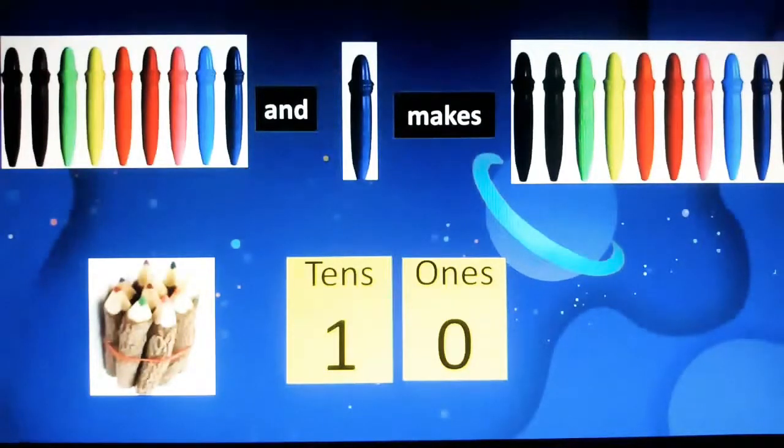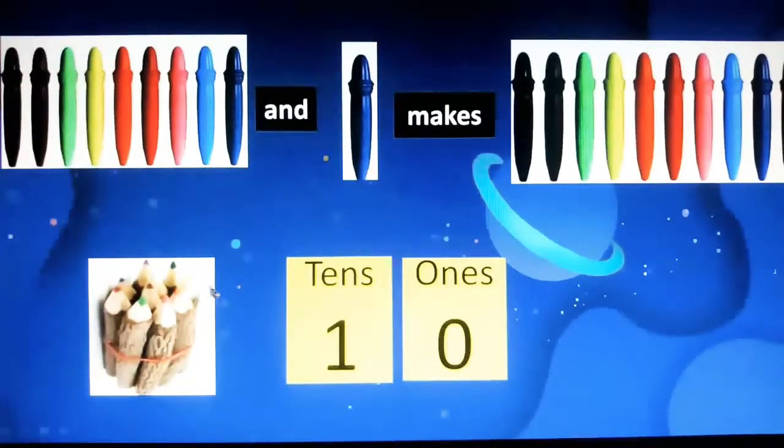Yes, you are so intelligent. 9 and 1 makes 10. So let's count it. Count with me. 1, 2, 3, 4, 5, 6, 7, 8, 9, 10. 9 plus 1 is equal to 10.